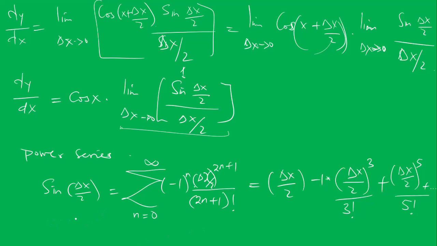Now let's divide this whole thing by delta x all over 2. So this whole place will be divided by delta x all over 2.